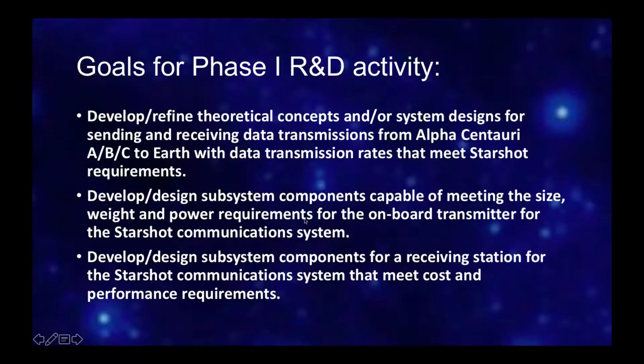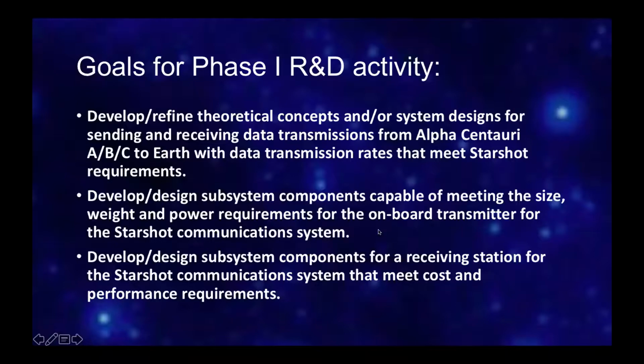These are the very, very strict small size, low weight, gram scale, and milliwatts or lower power requirements for the onboard system, so the onboard transmitter. And then the third one was to develop and do design studies for the receiving station, so for large area receiving stations or components like narrowband filters for these things.